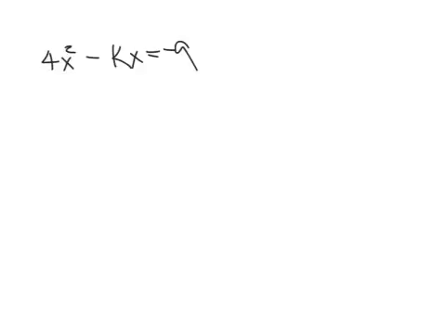Okay, so let's look and see what we're looking for here. We are trying to find a number that we can put in here for k, so that if you were to use the quadratic formula here, you would be able to find an answer that has one rational solution. Because notice it says find an appropriate k so that the equation 4x squared minus kx equals negative 9 has exactly one rational solution.